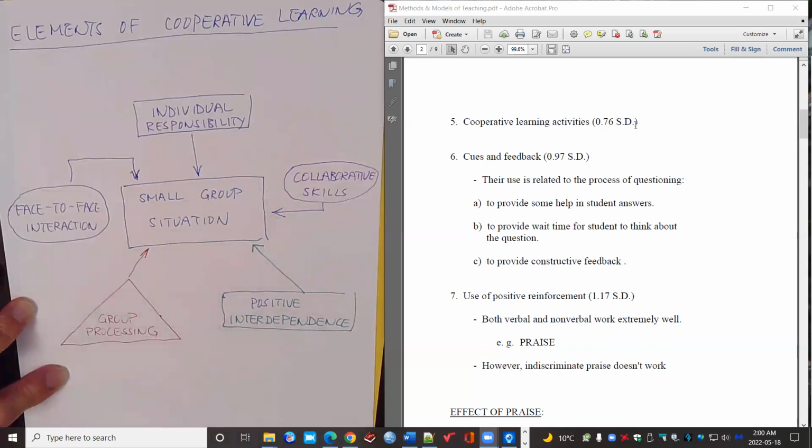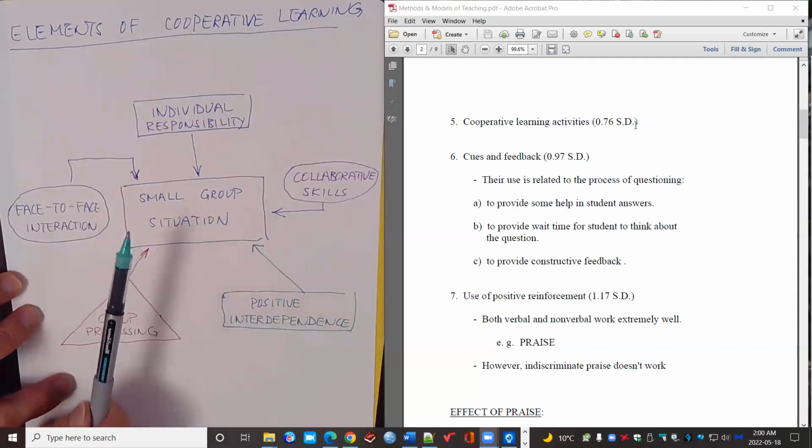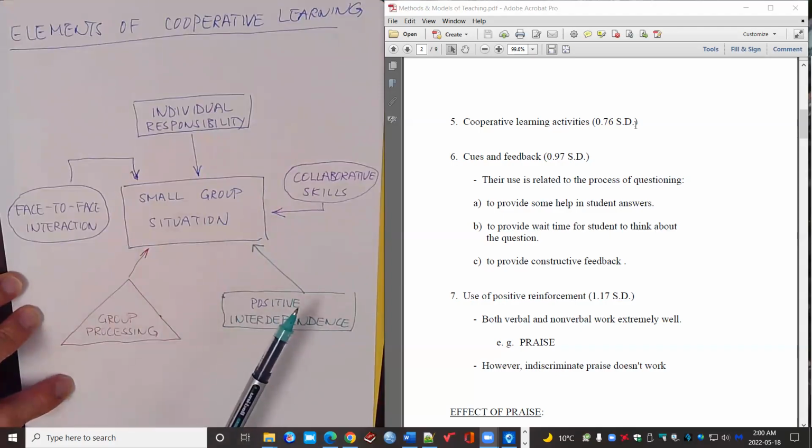Right? So positive interdependence. Well, you rely on other people whenever you don't know what to do, but in a positive manner, that is to say, once you seek the answer, the objective, then you're good.